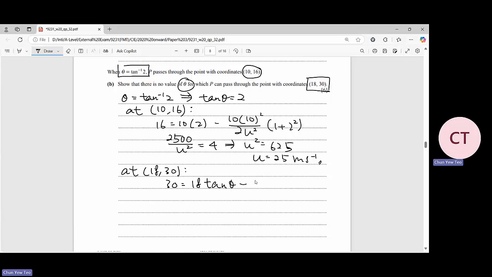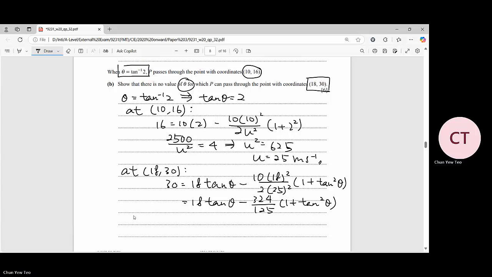So this will remain as tangent theta minus g x squared over 2u squared, then 1 plus tangent squared theta. If you use your calculator to simplify, you will get this as 18 tangent theta minus 324 over 125, 1 plus tangent squared theta.